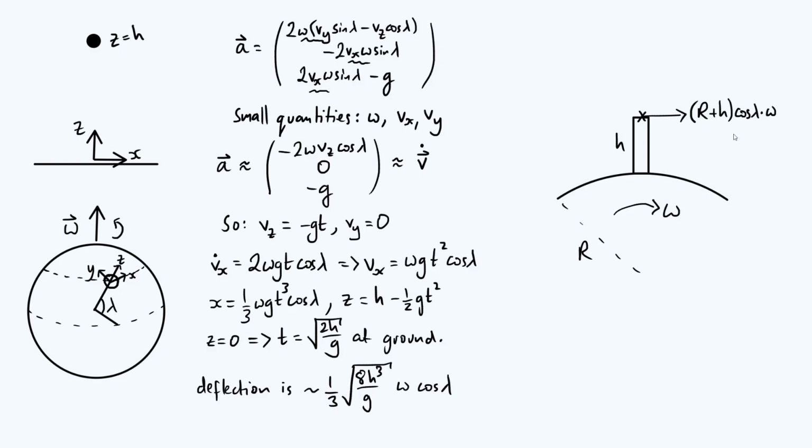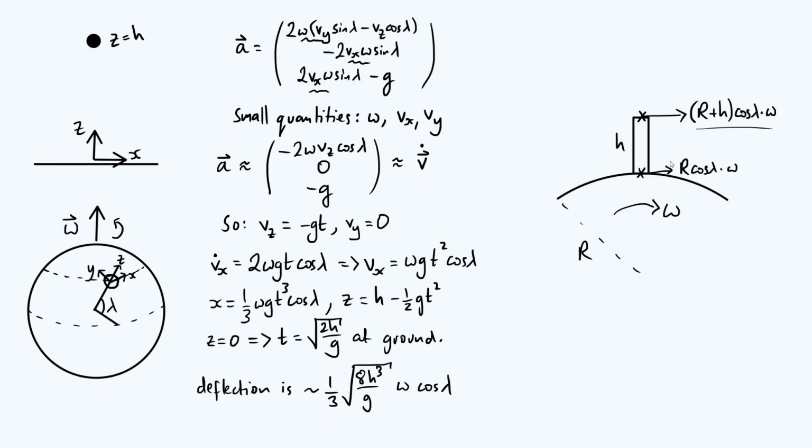So anyway, if we go back to here, the point on the top of the tower is moving with this speed. What about a point on the bottom of the tower, in other words, at the surface of the Earth? Well, it's still moving to the right, but the linear velocity that the point at the bottom of the tower will have is going to be R cos lambda times omega, because the radius of its circular motion is just R cos lambda. And so the point on the top is moving towards the east more quickly than the point on the bottom.